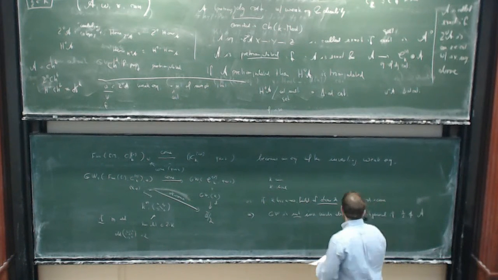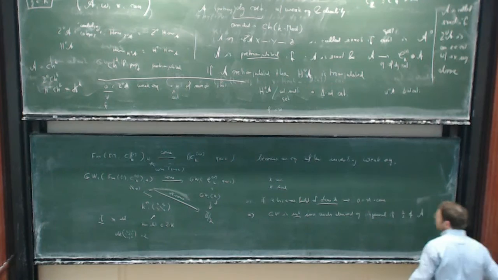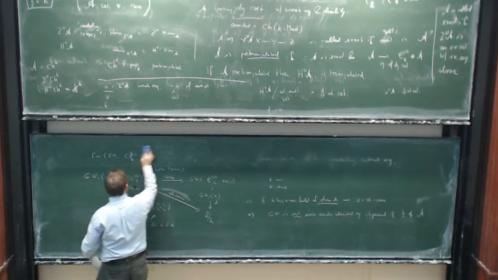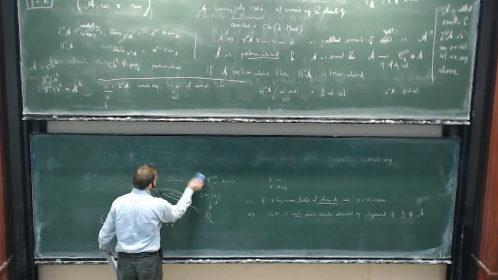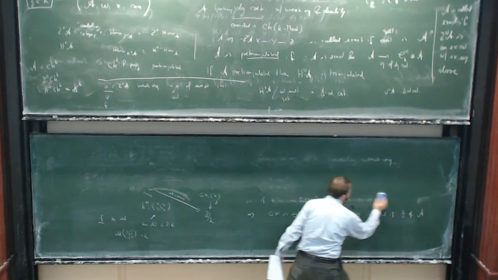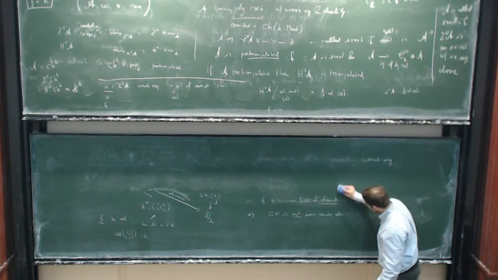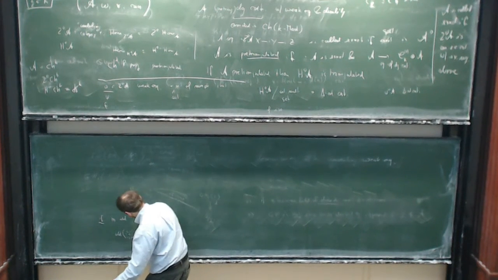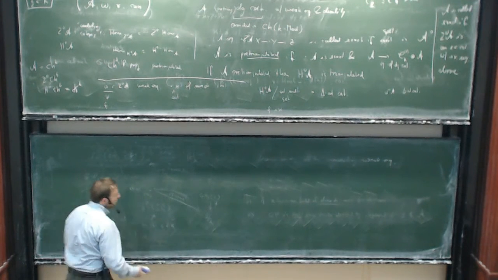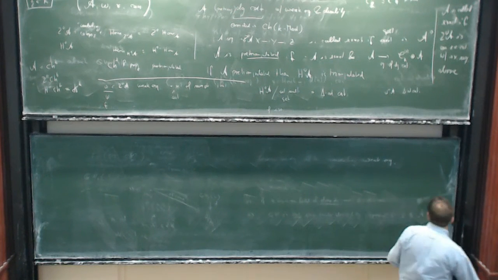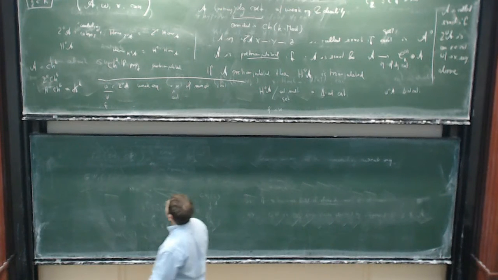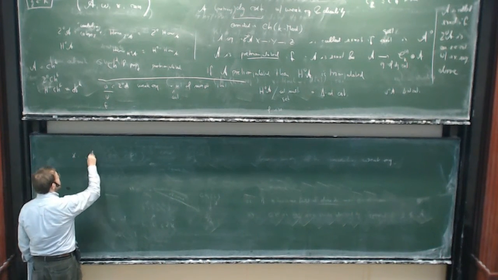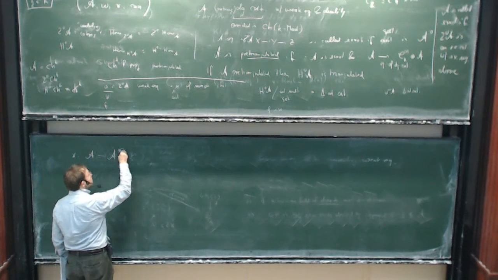Anyway, what else? Oh yeah, we of course have the duality, and the duality is now a functor from A to A^op, which is a DG functor.